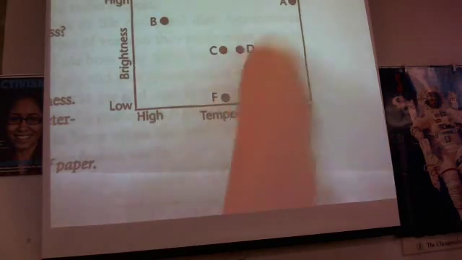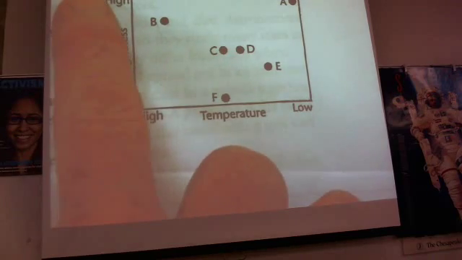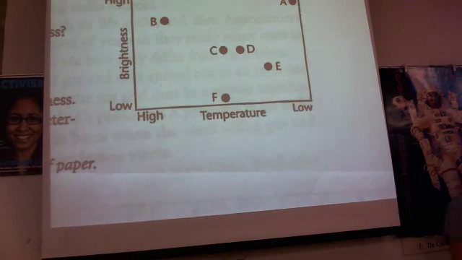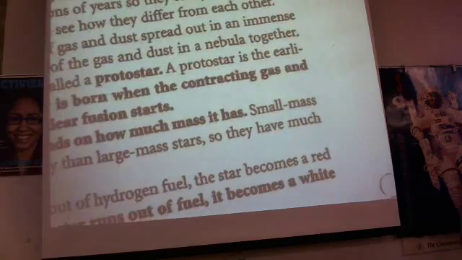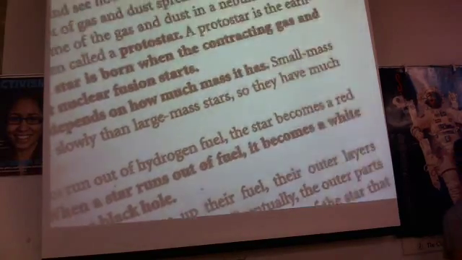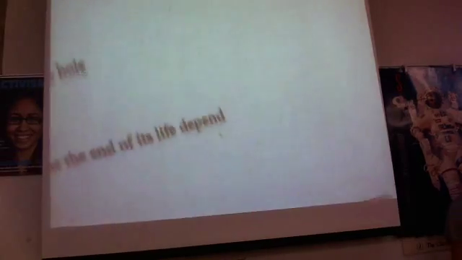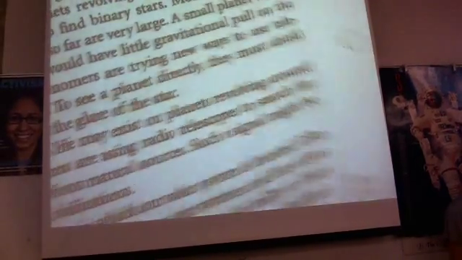But on this diagram, you go low to high brightness, high to low temperature. Make sure you note that when you're answering your questions. That'll help you answer the questions on that page. Then we'll get to the lives of stars, and star systems, galaxy, which is pretty self-explanatory.